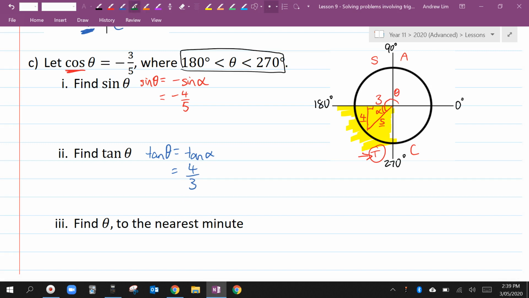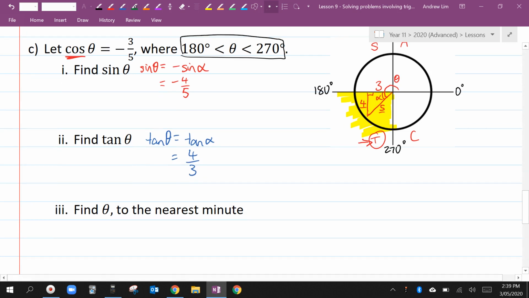Alright, let's find theta to the nearest minute. I'm going to use the trig ratio for tan because it gives us a positive answer. So I'm just going to use that one instead of cos or sine. So we know tan of theta is equal to 4 over 3. Actually, let's use alpha. Tan of alpha, because that's going to give us the reference angle. Tan of alpha is equal to 4 over 3.